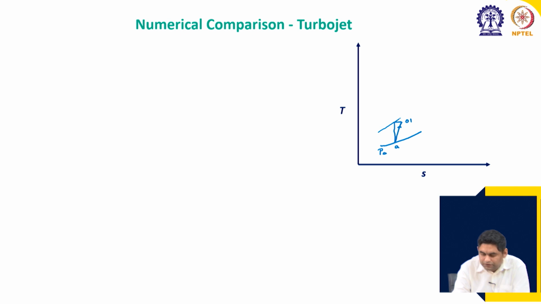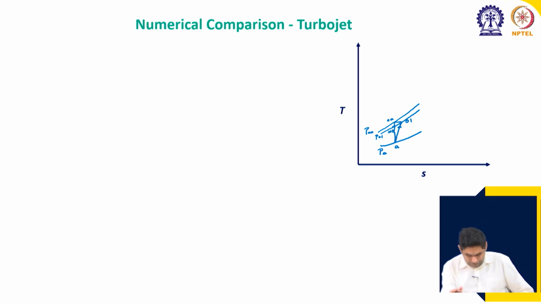Then this will be pressure P 0A, this is the point 0A, and the actual pressure is P 01, which is shown here like this. This is the point 01s, the artificially defined point to quantify the efficiency of the diffuser.